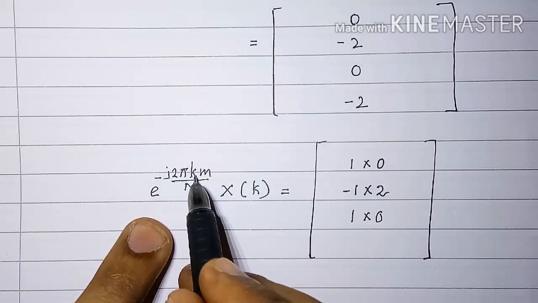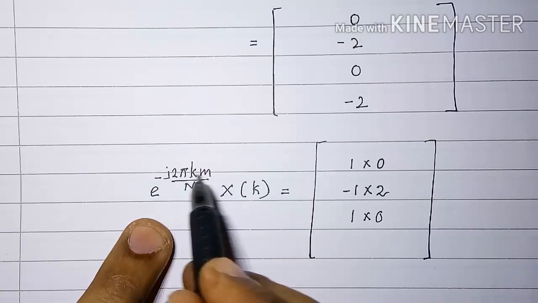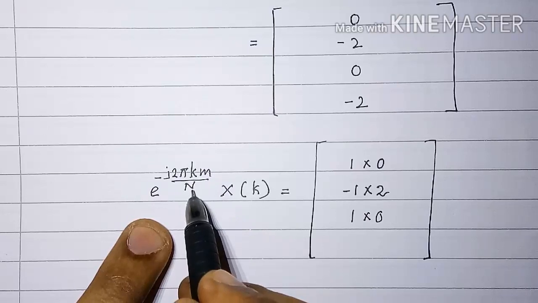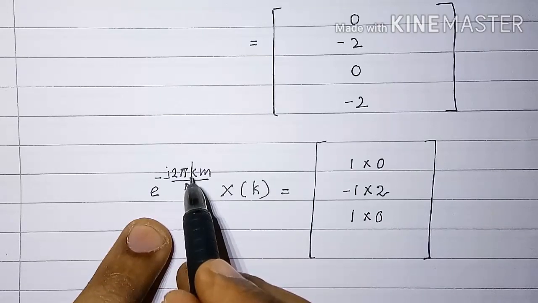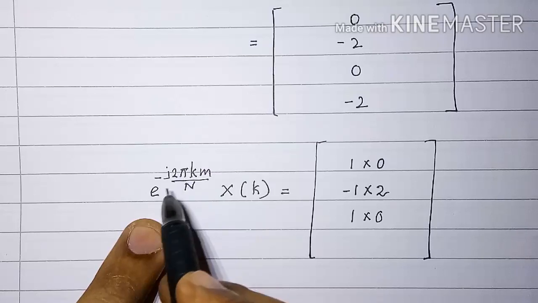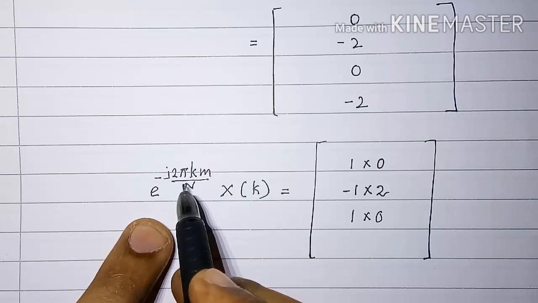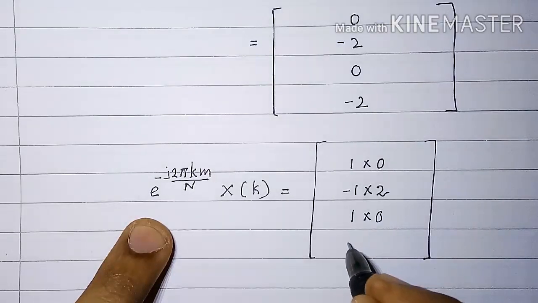Next, for k equal to 3, m equal to 2, 2 2 is 4, 4 and 4 will cancel, k will be equal to 3. 3 pi, 3 pi is equal to 540 degree, and cos of 540 degree is equal to minus 1.